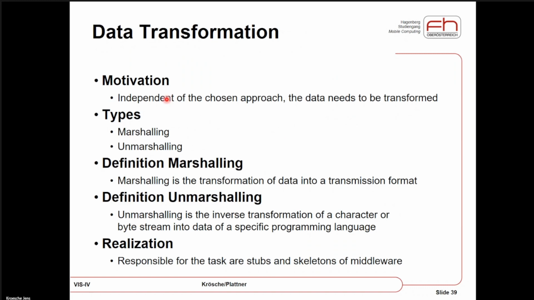And this transforming of what we want into an array of bytes, which we can then communicate over the network, has a specific name. So marshalling is taking what we want and converting it into a byte stream. And unmarshalling on the other side is the other way around. We receive a byte stream and then need to unpack the byte stream in order to find out what needs to be done.